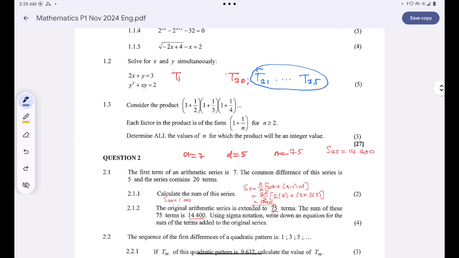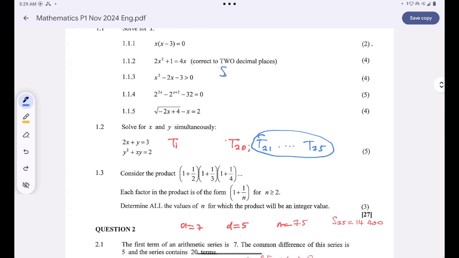But remember that, guys, we were given the sum of the first 20 terms and also the sum of the first 75 terms. So I can simply say that the sum of the first 75 terms, the sum of all the terms, is equal to the sum of the first 20 terms plus the sum of the next 55 terms. Remember that, guys, 75 minus 20 will give us 55. So basically there are 55 terms which were added.